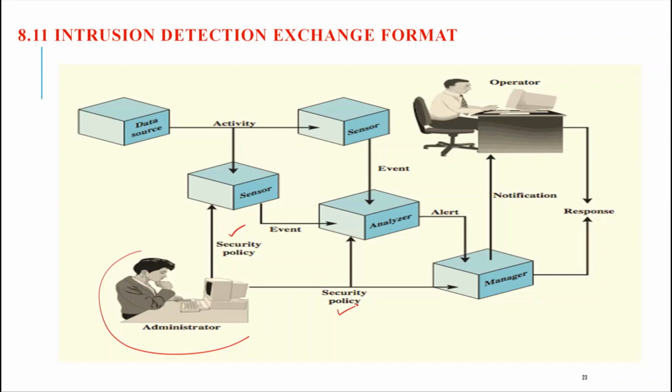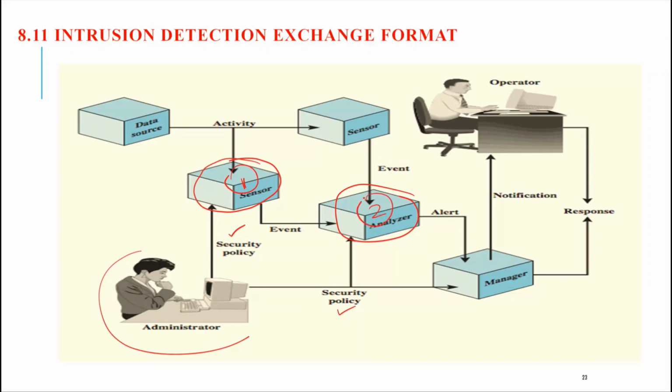Based on the security policy, all the sensors will be configured, then the analyzer software will be configured based on the security policy of the organization. We already discussed there are different components. The first component is the sensor, the second is the analyzer.